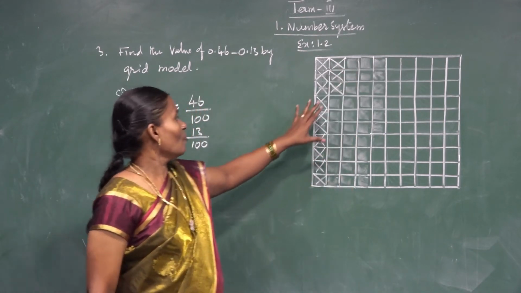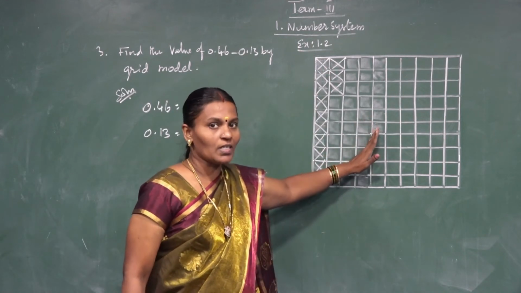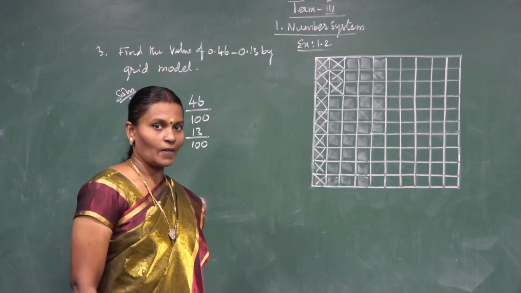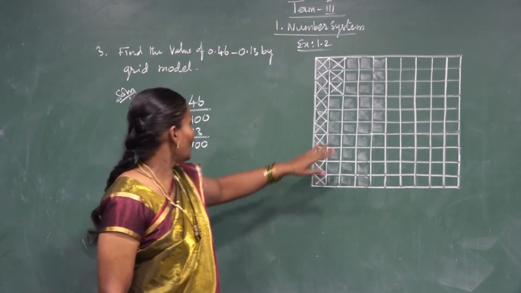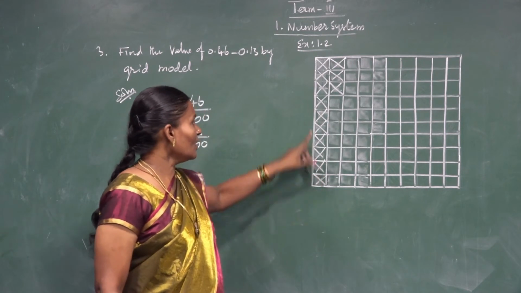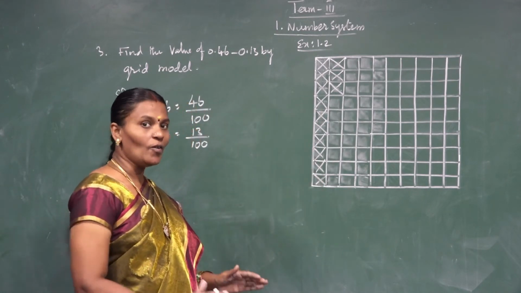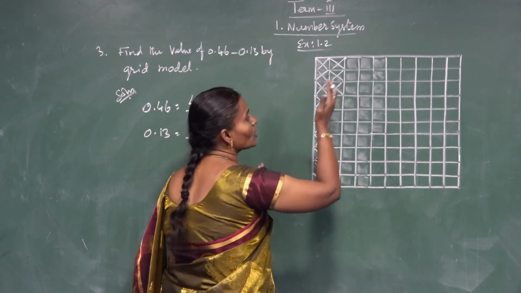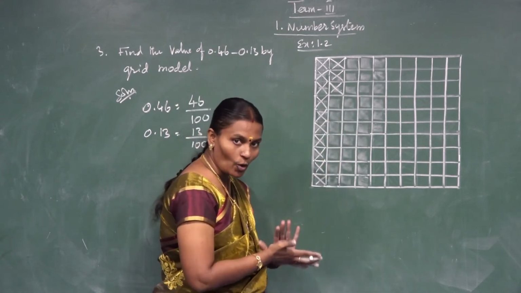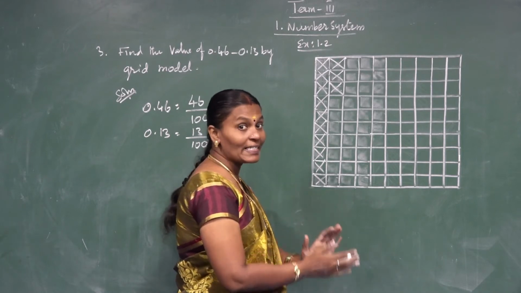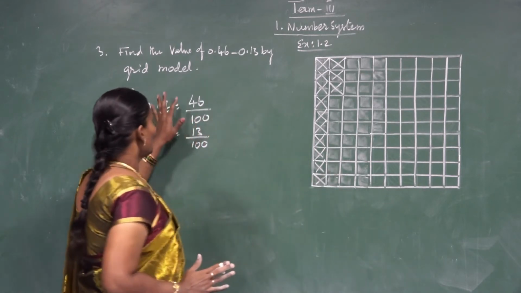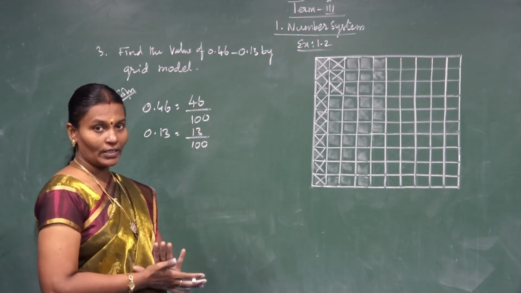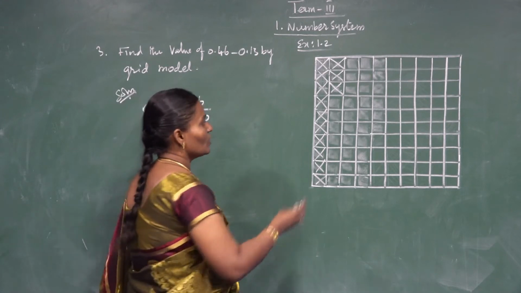So in this 46 shaded boxes, you have to cross 13 boxes. Understand, children? Out of 46, you have to cross 13. Now you have to count without cross shaded box. That is the difference of 0.46 and 0.13.